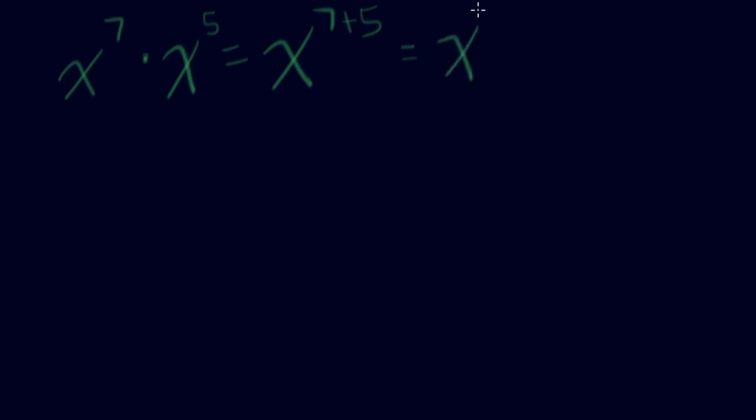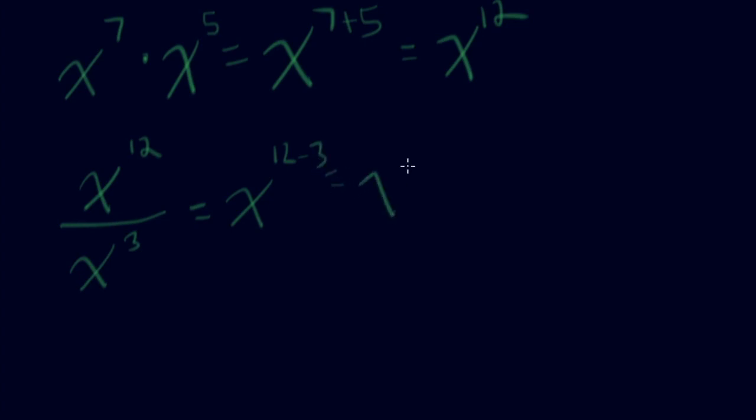So that would be x to the 12th. And also, if we're dividing, so you had x to the 12th divided by x to the 3rd, we have to subtract our exponents. So that would be x to the 12 minus 3. So that would be x to the 9th.